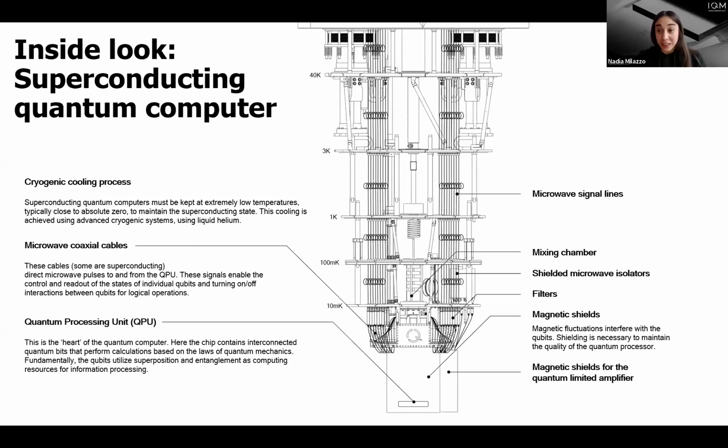But last but not least, the QPU. The QPU is here at the bottom of this golden cylinder. And it is, of course, the heart of the quantum computer, because it's where the qubits are and where all our algorithms are running.